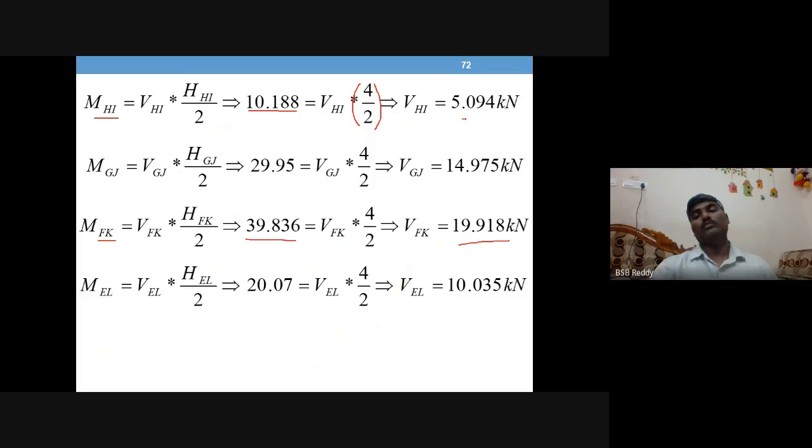Divided by 2, this is the shear force. Same case here: divide by 2 and it will give you the shear force. Likewise for all 4 columns in the middle story.